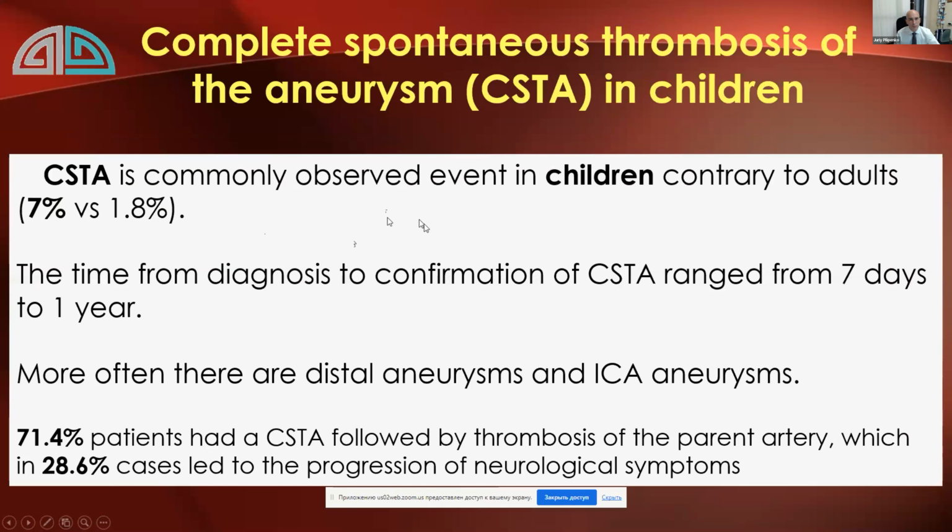This event is more typical for children than adults, 7% in children. And very important information: 70 patients had thrombosis with occlusion of the parent artery, which in one third of cases led to progression of neurological symptoms.